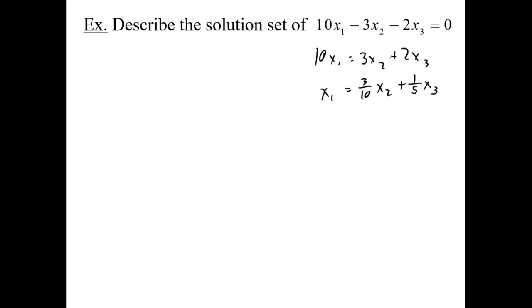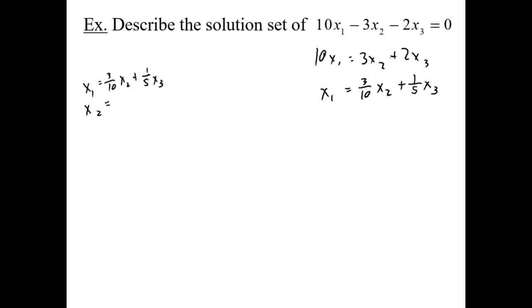Now, this is our relationship, and that's great. But now let's list our solutions. When we're solving a system, we have to say, what is x1? What is x2? What is x3? Well, we can see that x1 is equal to 3/10 x2 plus 1/5 x3.